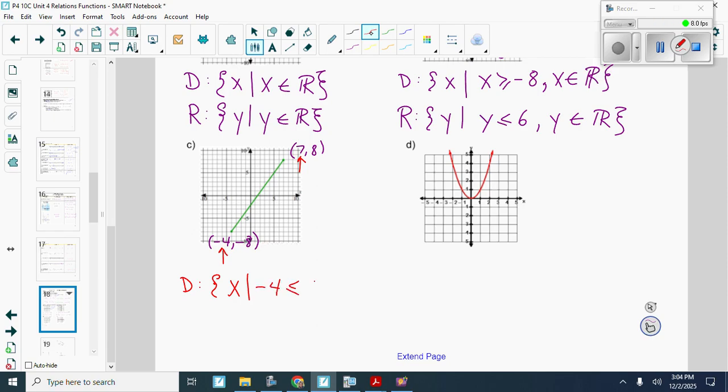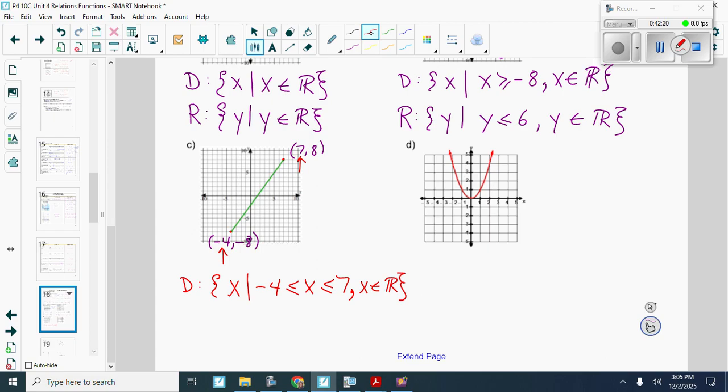We're going to sandwich our x in between them, and then we're going to do our upper limit, which is 7. Then a comma, and then x belongs to real numbers. See how these two numbers match the x's on your coordinates for your ordered pairs for the 2 points here.